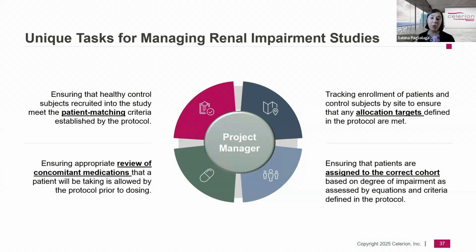Also tracking enrollment to ensure the appropriate number of subjects are enrolled in each cohort, and then ensuring patients are assigned to the correct impairment cohort as well. So with these, enrolling a subject that is not needed for an analysis can be a very expensive mistake. And that's why you want a knowledgeable team to manage these types of studies.